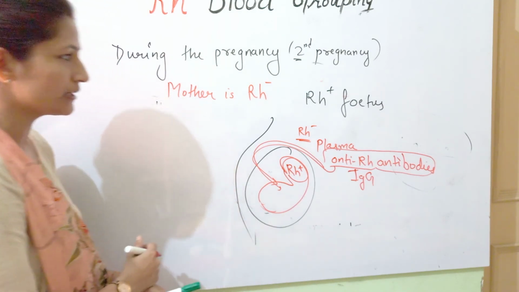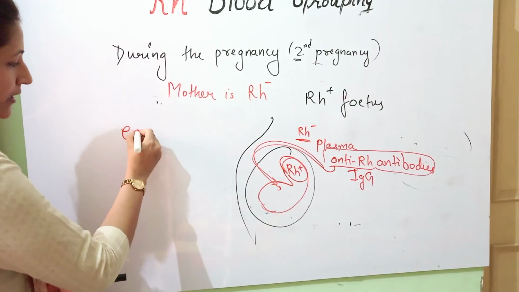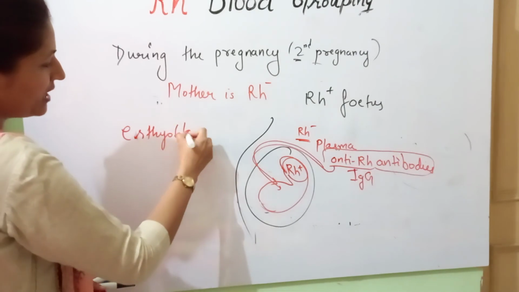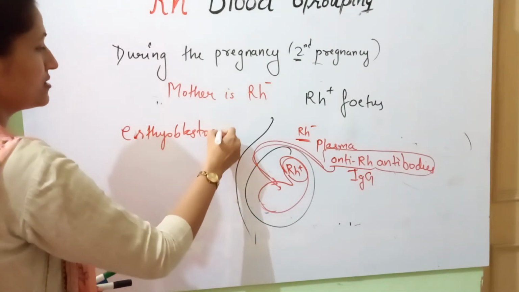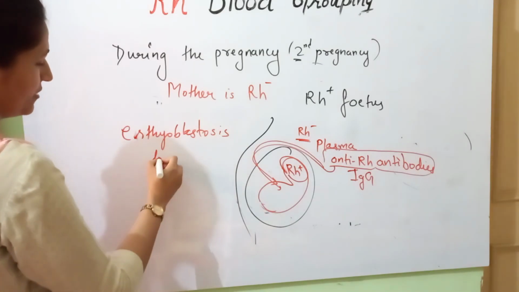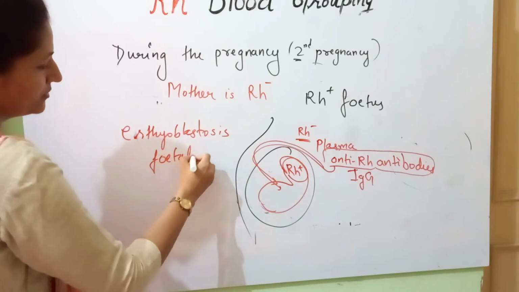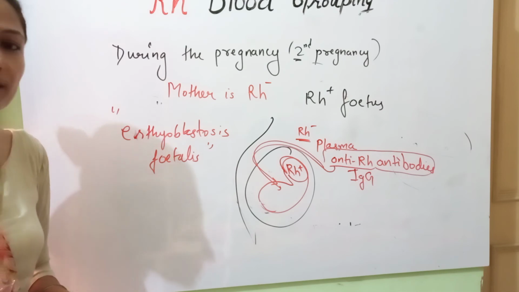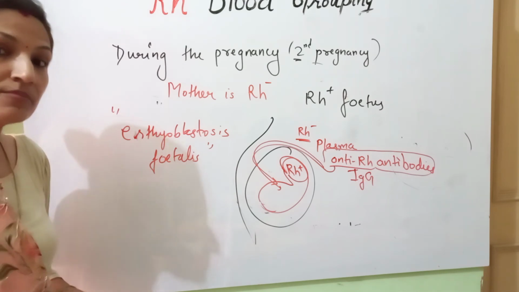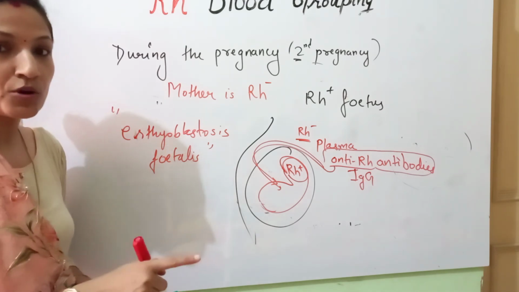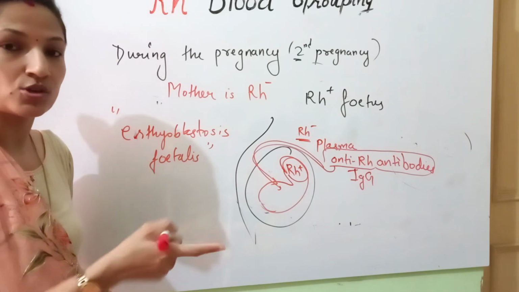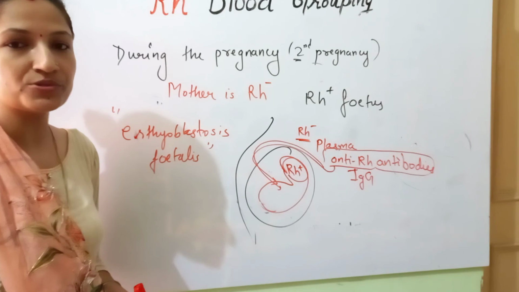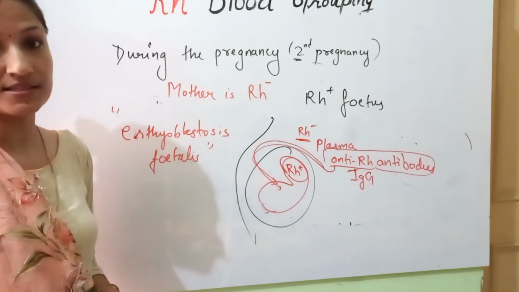So this particular condition is called erythroblastosis fetalis. Okay, in which red blood cells are going to get ruptured due to the mixing of Rh positive blood of the fetus with the Rh negative mother, and the mother starts producing the antibodies against it.